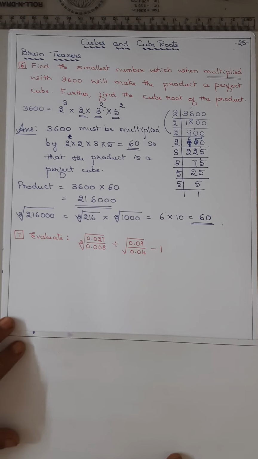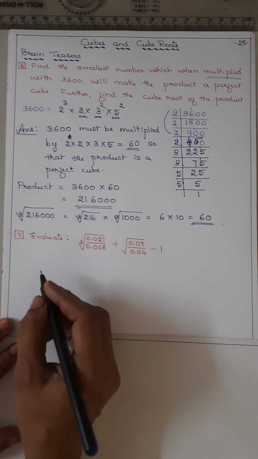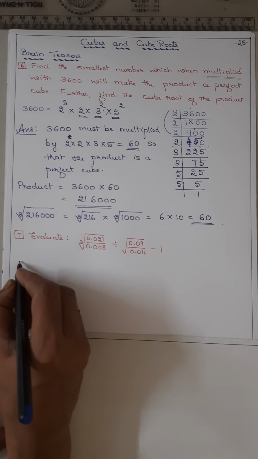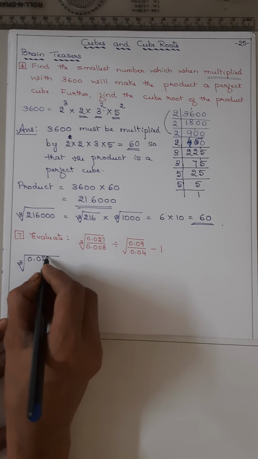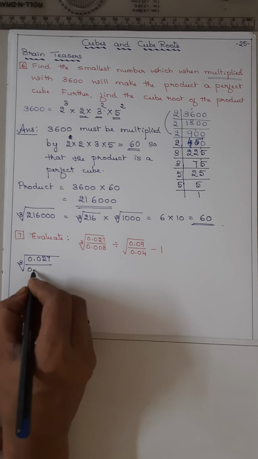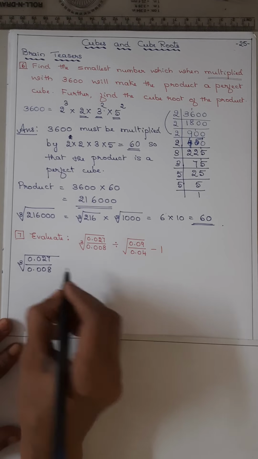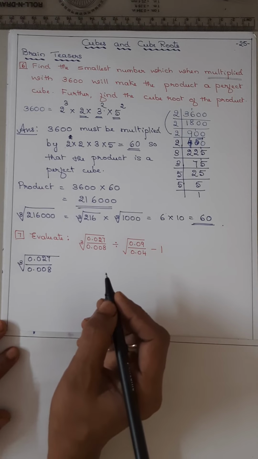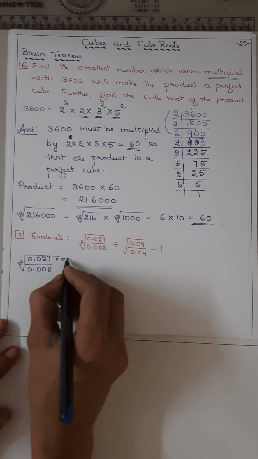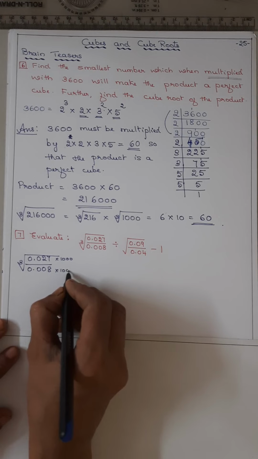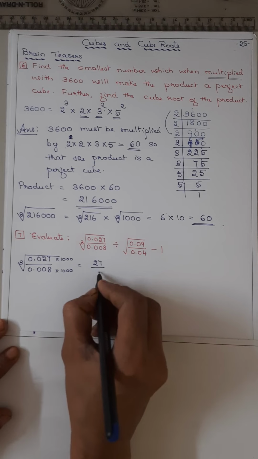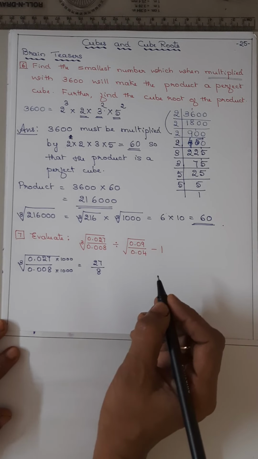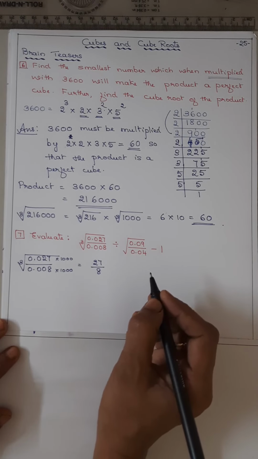Now coming to evaluate the cube root of 0.027 upon 0.008. Okay, first multiplied by 1000, so you'll get 27 upon 8. Yes or no? 27 upon 8.